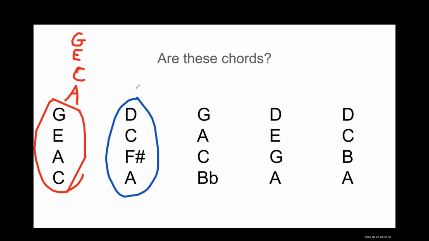Yes, it's D. D at the bottom, therefore skip a letter, F sharp, skip a letter, A, skip a letter, C. This is the original. And for those who are more advanced, this is D7. And the original here is called AM7. That's right. Good job.